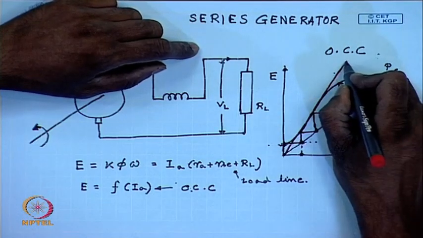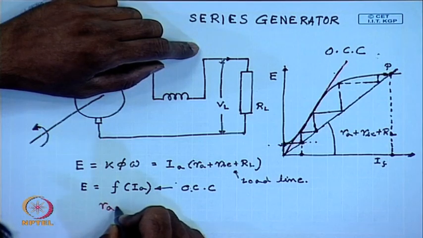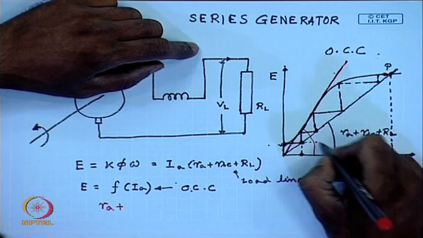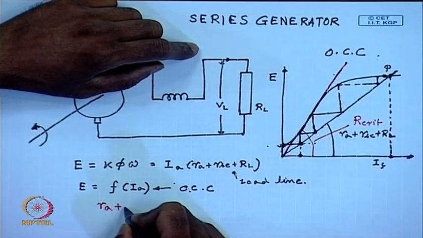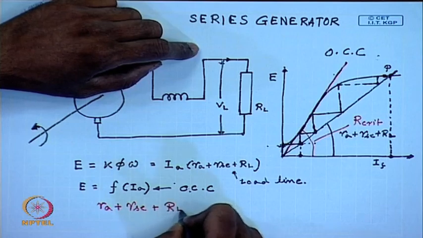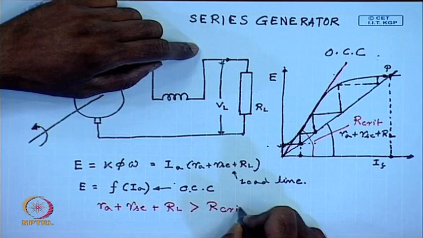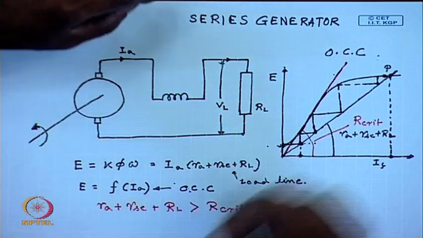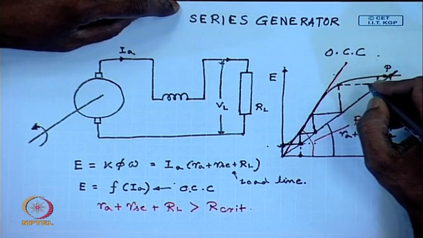If the value of RA plus RAC, this is R critical, plus RL is larger than R critical, then the series generator will fail to build up.